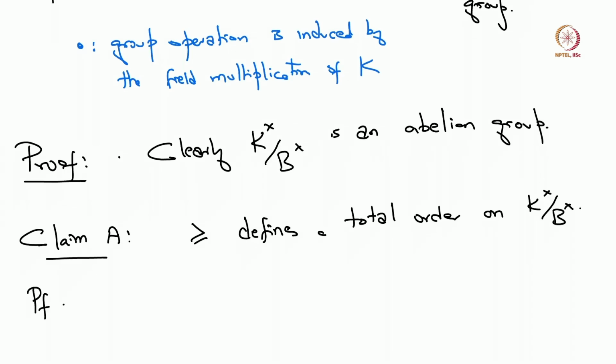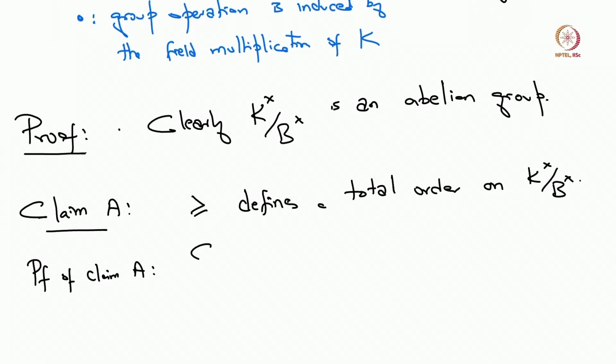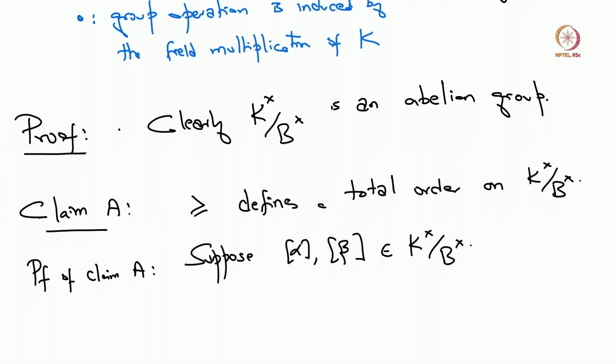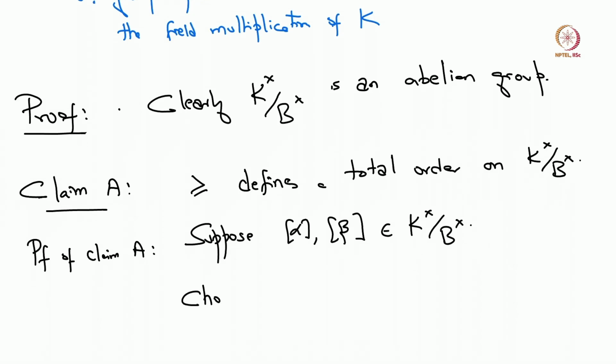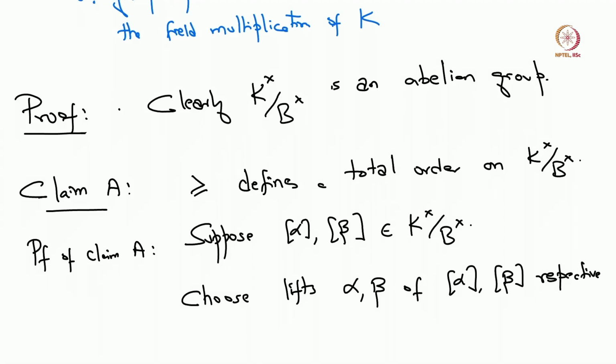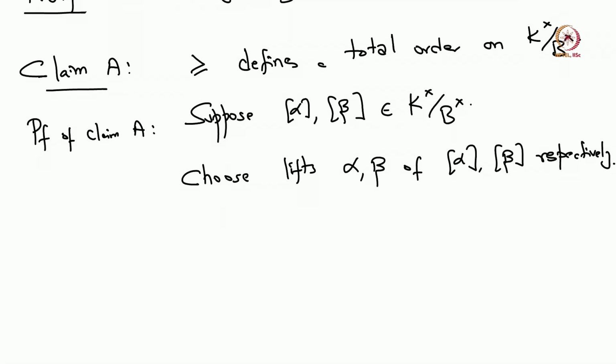For the proof of the claim, you take two elements, square bracket alpha and square bracket beta in K cross mod B cross, and choose appropriate lifts alpha and beta. So what do we want to show?